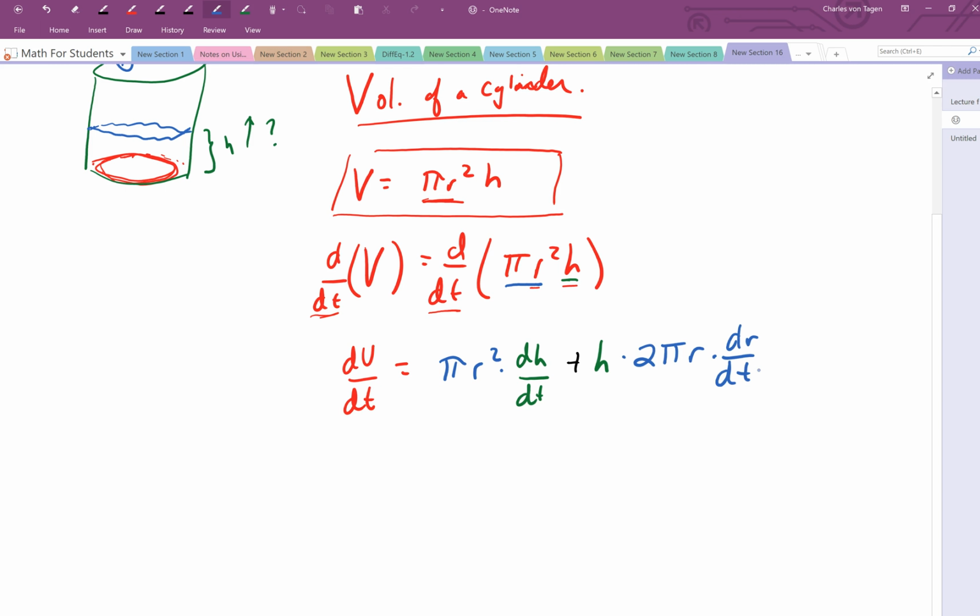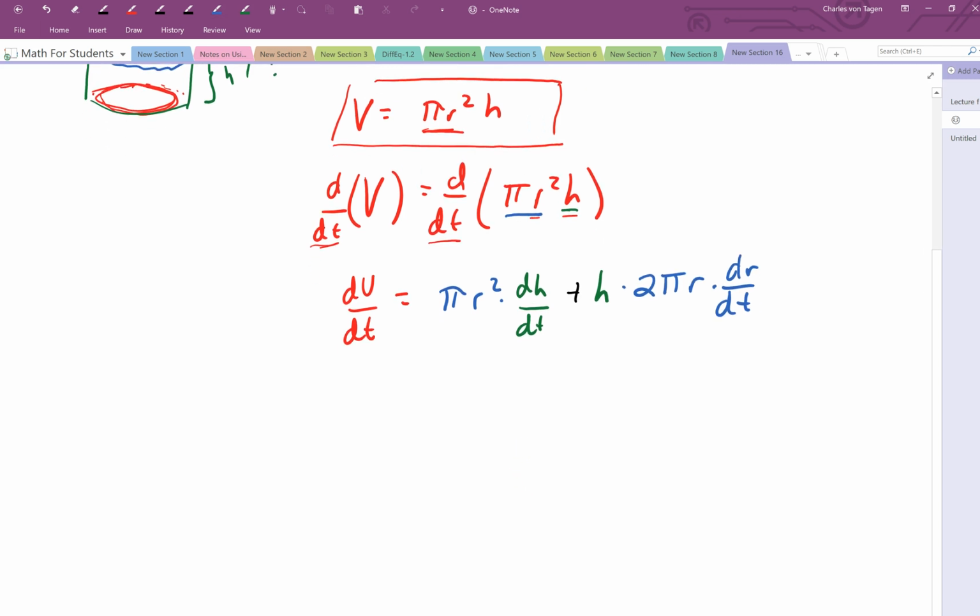So this one was a little more complicated than the last one because I treated both the variables r and h here as variables that are related to time. Because of that, when I went to take the derivative of this right-hand side, I had to use the product rule because they're being multiplied together. Okay.